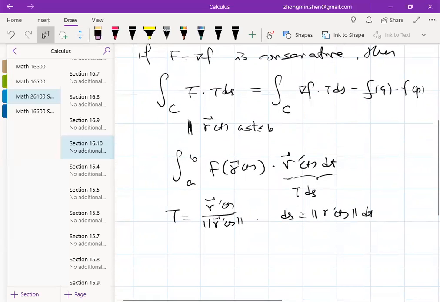Okay, so let's look at some problems from the book. All right, here's a good example.